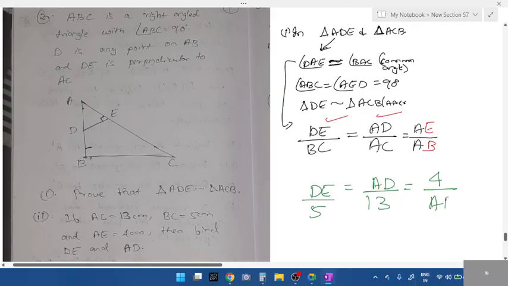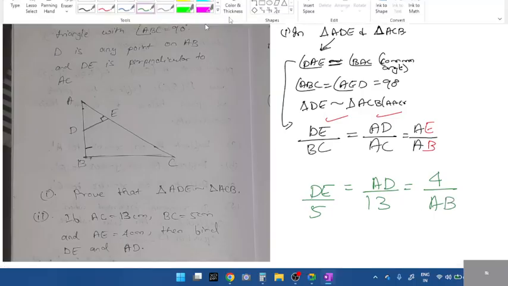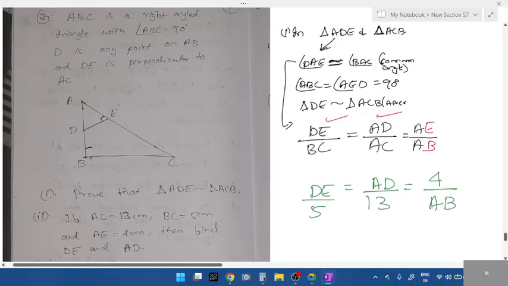What are the two things we need to find? DE and AD. So nowhere is it given completely, but a right angle is given. If a right angle is given, definitely Pythagoras theorem. Apply Pythagoras theorem. What is the AB value? AB is not given. What is BC, students? How much is BC? 5 centimeters.